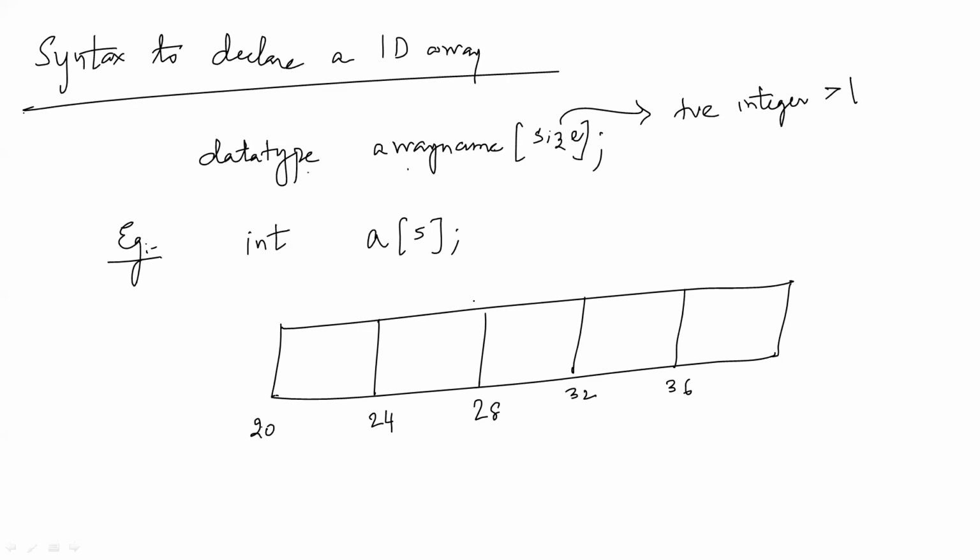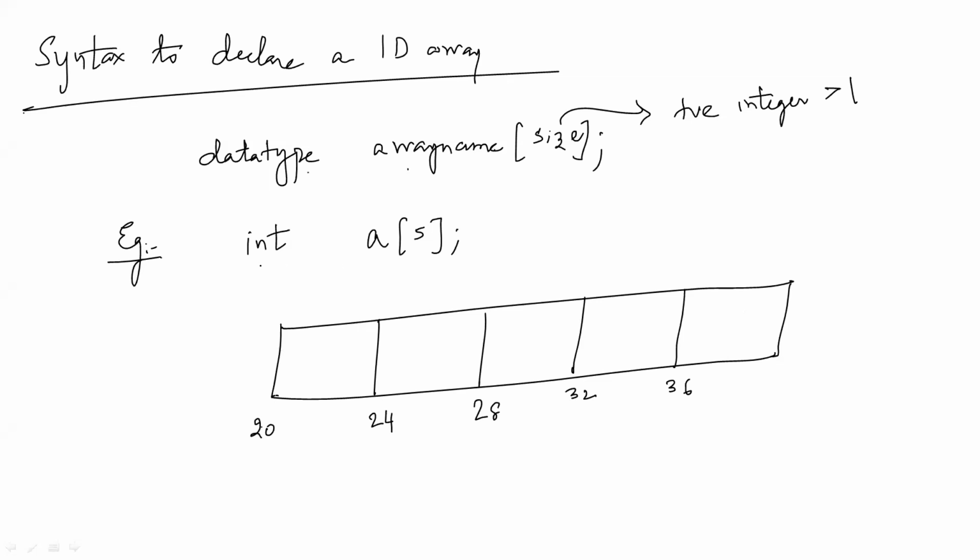Similar sized blocks. Because I said A of 5, it has allocated 20 bytes of memory. How 20, sir?